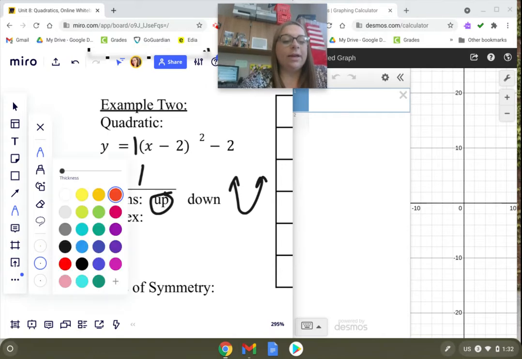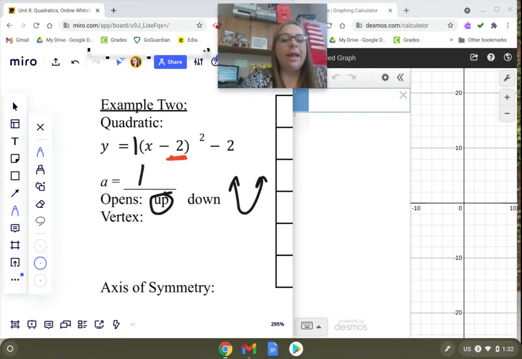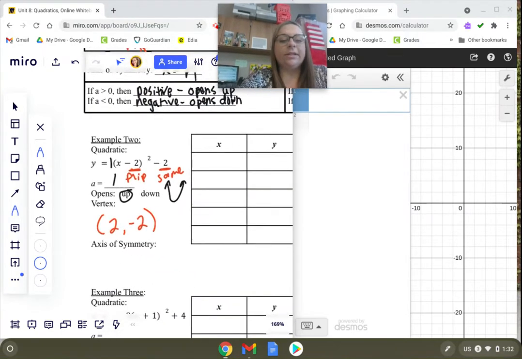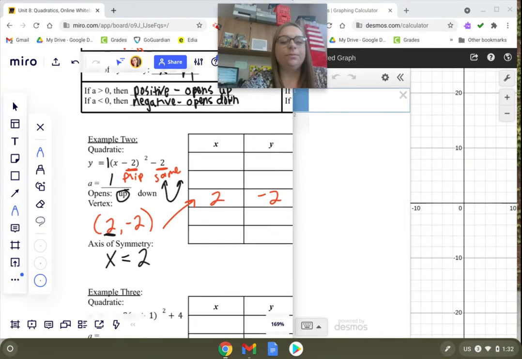My vertex: I'm using my h, but I flip it, and my k, but I keep it the same. So my vertex here is (2, negative 2). I'm going to put that vertex right in the middle of the table. Then we figure out my axis of symmetry, which is x equals whatever that x value is, so x equals 2.